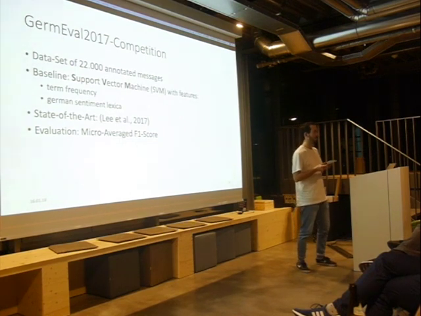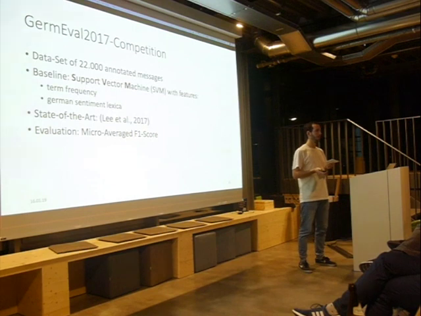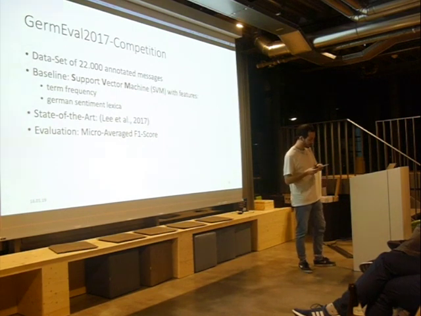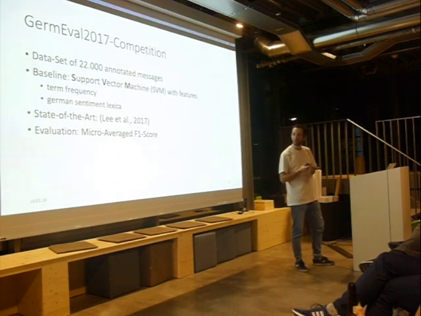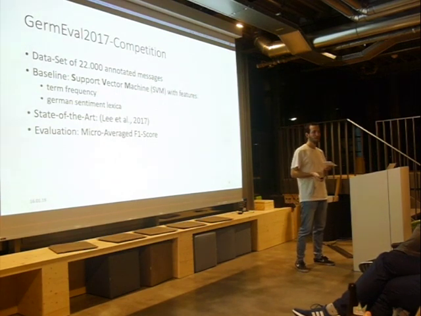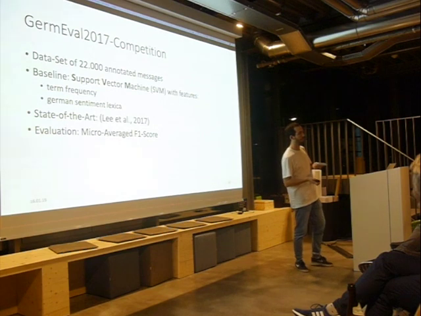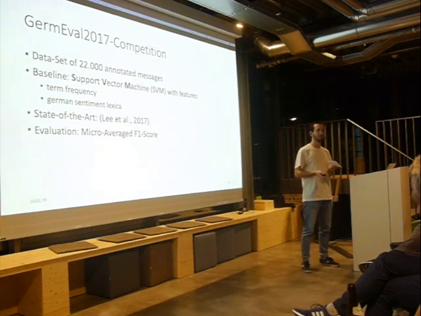As the competition has been completed, we could use the best submissions to the competition as the state of the art for our publication. And it also provides an evaluation script which is using a micro average F1 score, so we could ensure that our comparison to other systems is computed correctly.